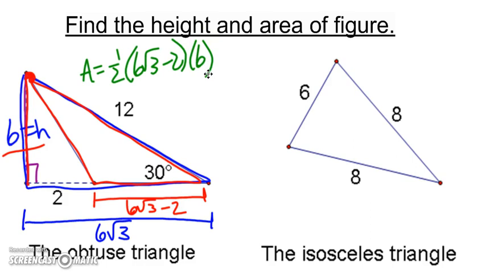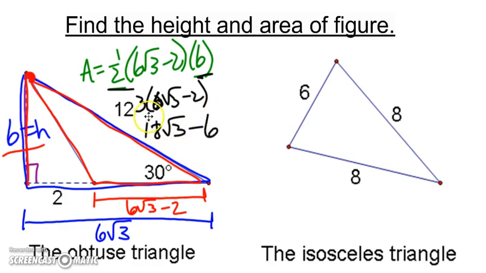And so half of 6, I'm going to do those two first, is 3. Let's distribute the 3, and oops, that's supposed to be 6, sorry, and we will get 18√3 minus 6 units squared.